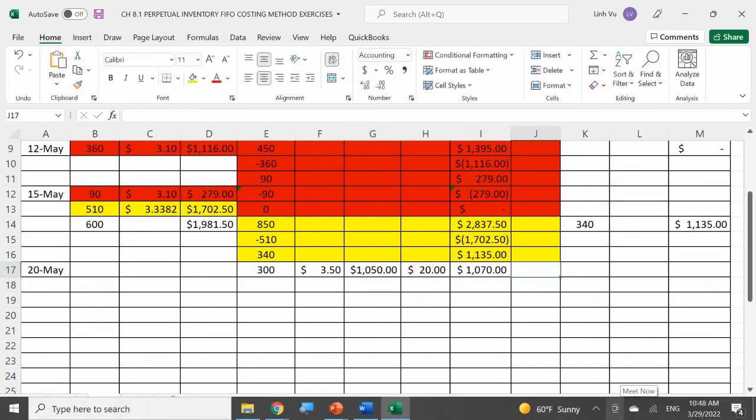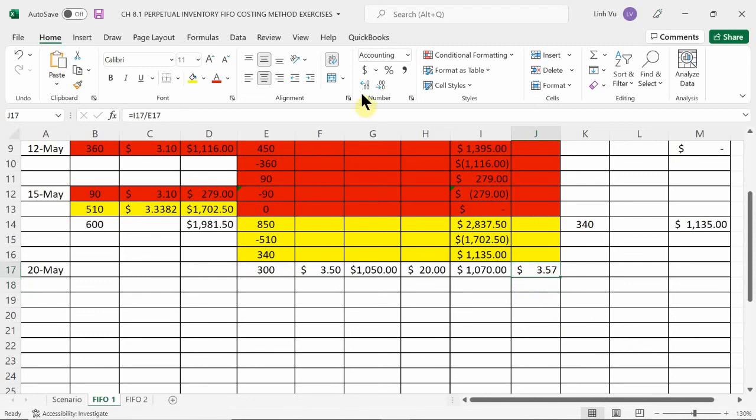So that's going to give me my cost per item to be $3.5666666. Good. So in this case, 3.566666. Yes. Okay, so in this case, there you go.